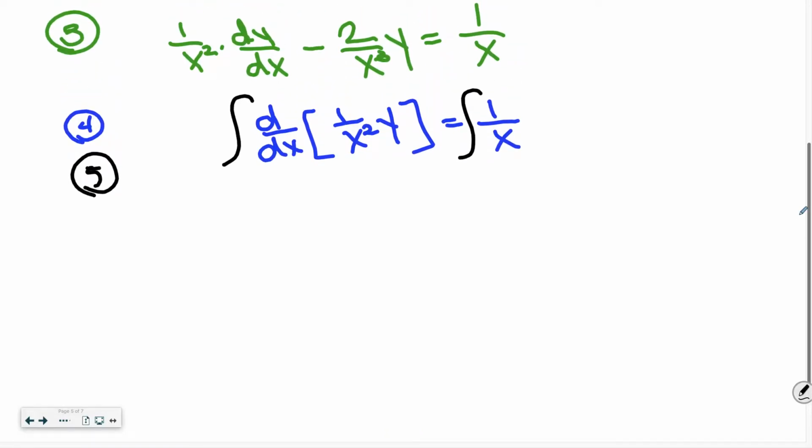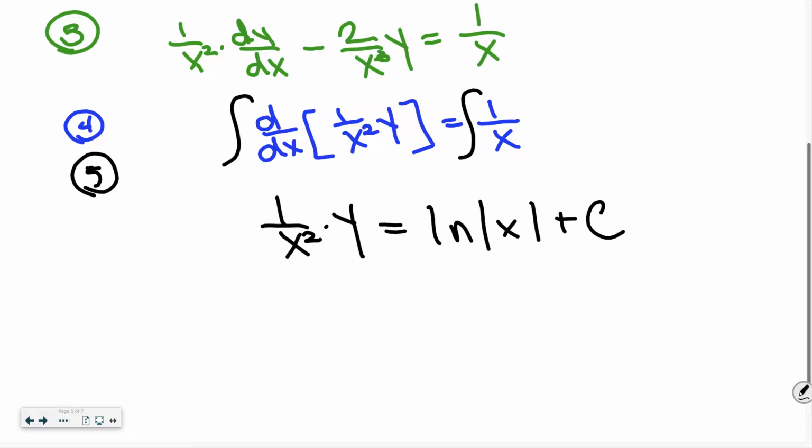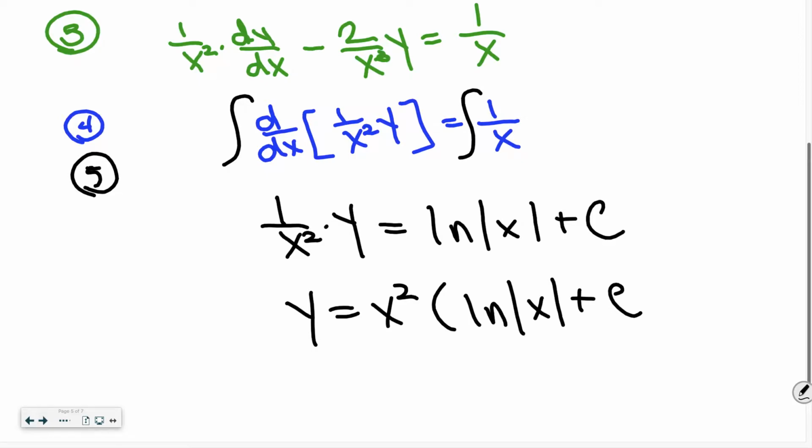So the integral of a derivative cancels out. What's the integral of 1 over x? Natural log of x, plus c. So then to solve for y, we're just going to multiply that x squared over.